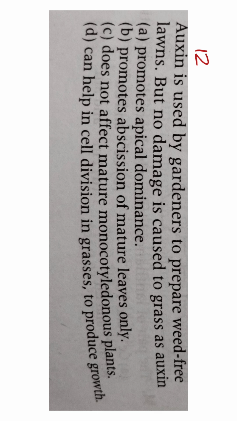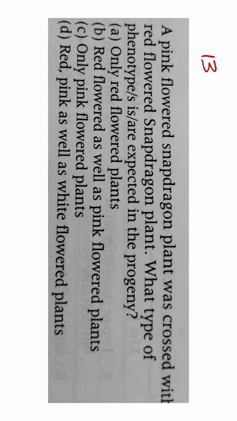The answer is option C, does not affect matured monocotyledonous plants. Question 13. A pink-flowered snapdragon plant was crossed with a red-flowered snapdragon plant. What type of phenotypes is or are expected in the progeny? The answer is option B, red-flowered as well as pink-flowered plants.